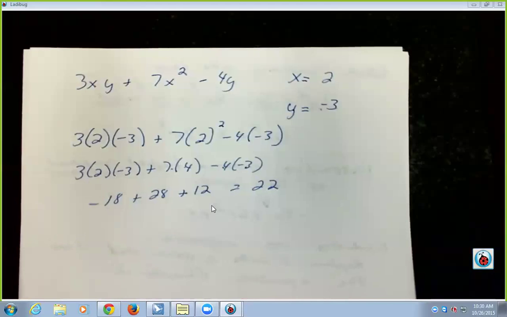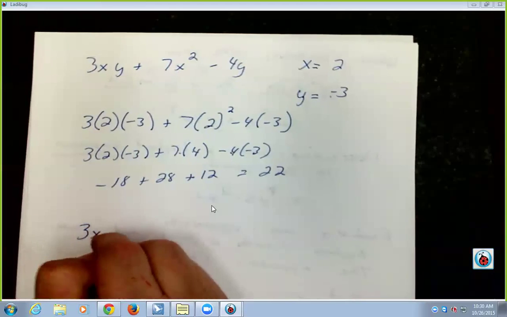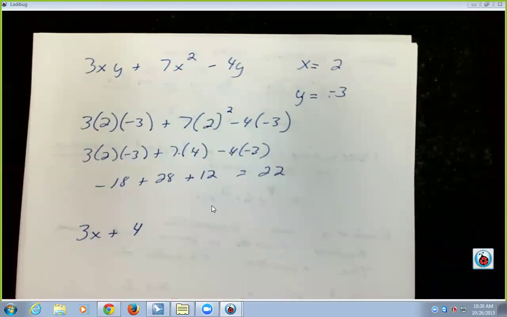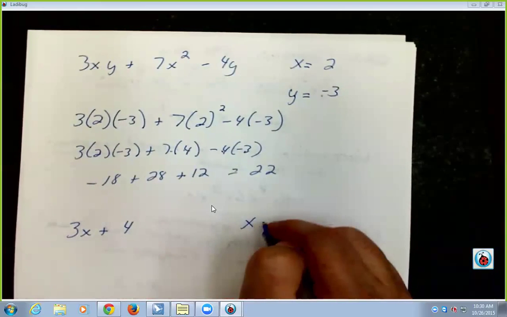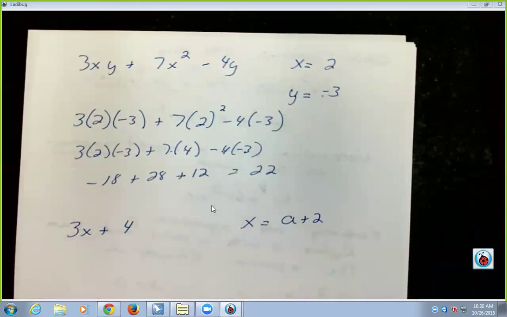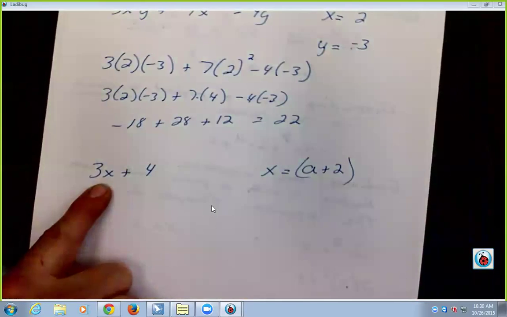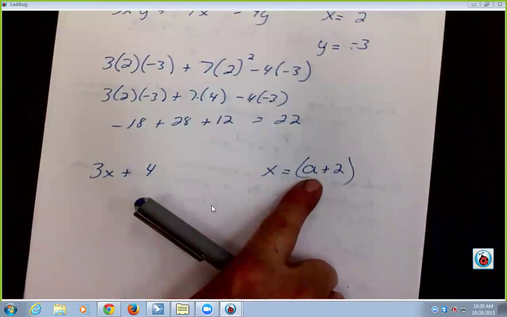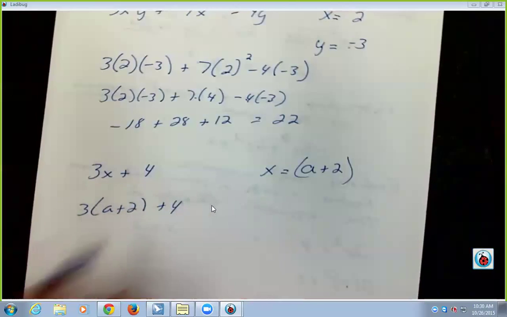One new piece I did add in here is they may give you the equation of 3x plus 4. And instead of replacing x with a number, they replace x with a plus 2. So wherever I have an x in this whole equation, I'm going to stick an a plus 2. So 3 times a plus 2 plus 4.